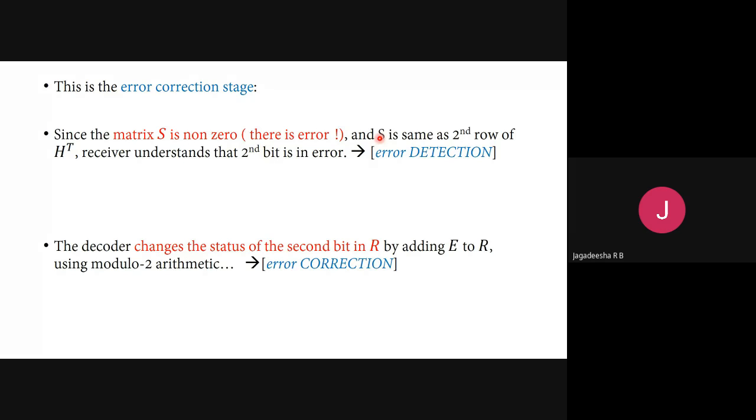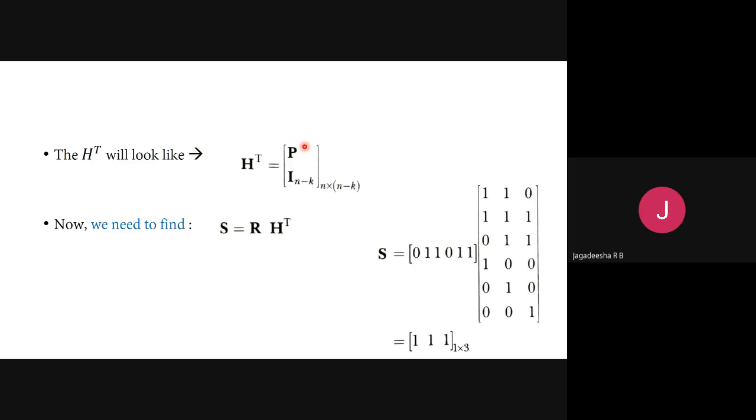You see here, S is the same as the second row of H transpose. H transpose, the second row, is all ones. If you wish, I can go back to show you. There is H transpose. All rows are 1. That is the same as S now. So there is some hint here.